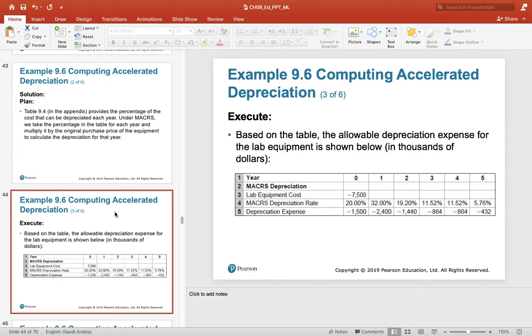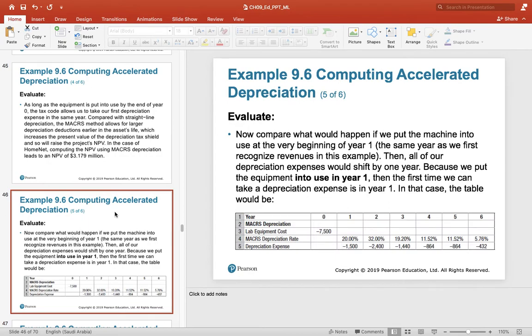That's why in year 0, the machine is very new, charge a maximum of 20%. In year 1, the machine is completely geared up and ready to work, its maximum efficiency will come, repair and maintenance will be minimal, so charge the highest depreciation, 32%. Same in 3-year MACRS, 5-year MACRS, 7-year MACRS, all these MACRS, the depreciation is charged high in the initial years, and depreciation will be very low in the later years.